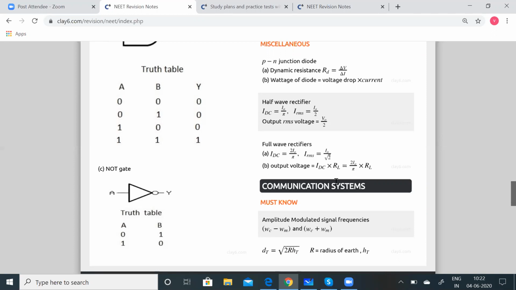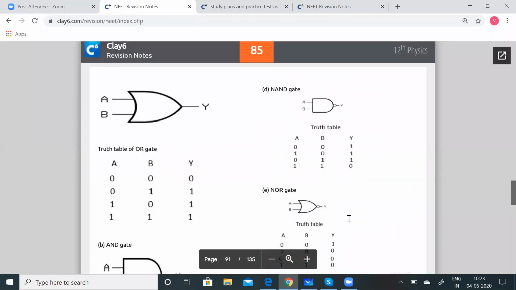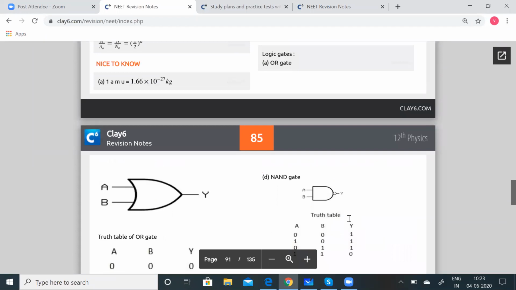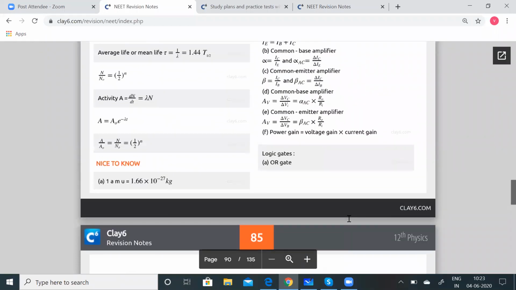The communication systems chapter has been deleted, so we are not taking that into consideration. So let us now quickly go on, having learned all the concepts in semiconductors and devices. As I told you, you can expect more theoretical questions rather than numericals. So you have to be very thorough with each and every point in the NCERT book.